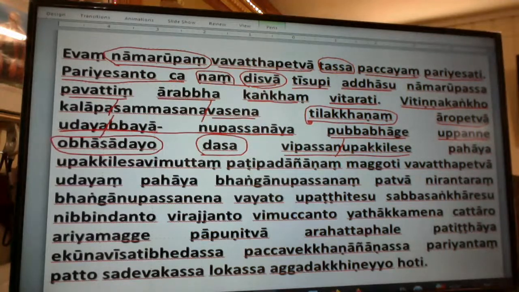At that time they think, oh, I have attained Nibbāna. So they stop there, with no improvement, no higher level of wisdom; they stick at that stage. That's why we say Vipassanupakilesa. It is some kind of kilesa, but not a real kilesa.